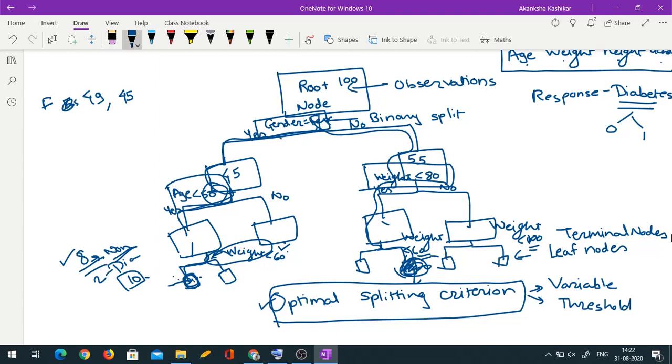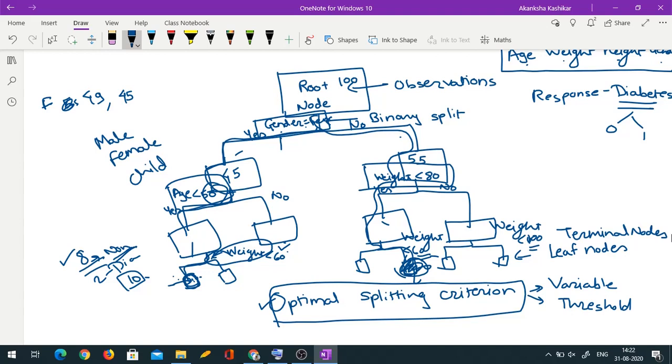Now one more quick question which might have come to some people's mind is, here I had a binary categorical variable, gender. So female yes, female no, it went either or. But suppose I don't have a binary variable. Suppose I am splitting on the basis of male, female and child. So I have three categories. So what should I do? Then a few of them would go to the left side, the remaining would go to the right side.